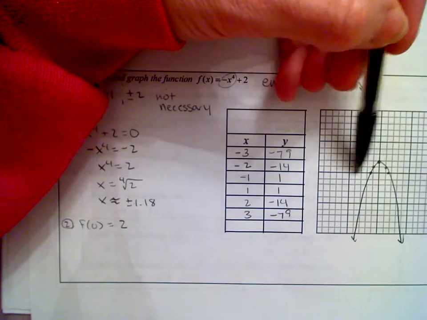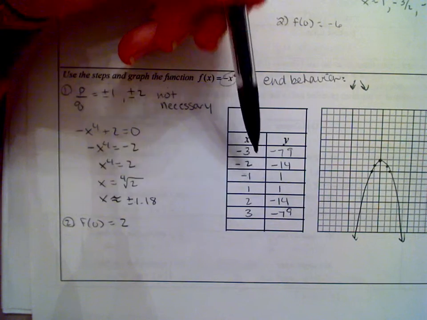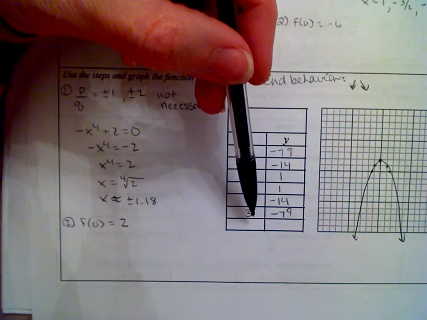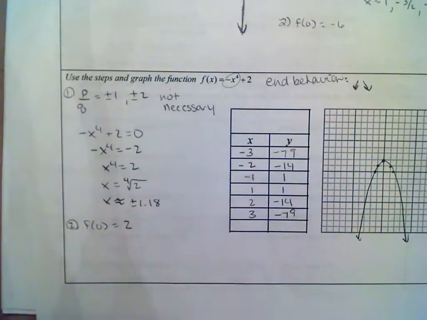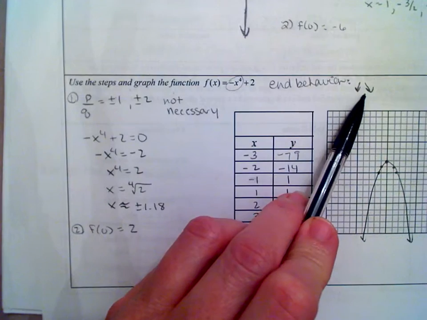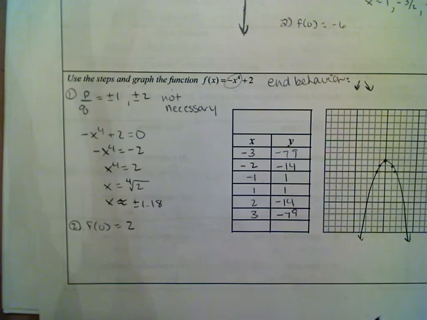And then again, I picked a few values outside and in between my x-intercepts, and I just used the calculator and plugged those in and found the values so I could get a general sketch of my graph. And again, notice that my ends are doing what I predicted they would based on my lead coefficient and my even degree.